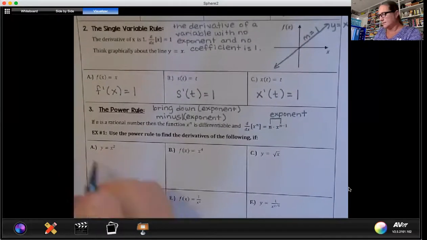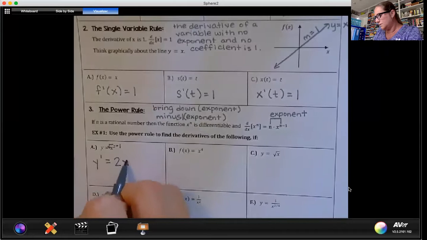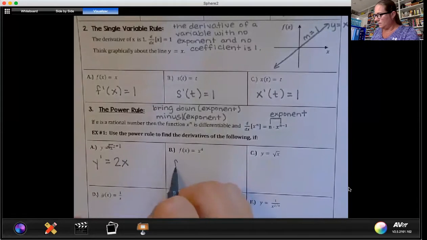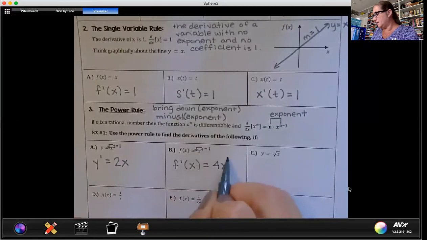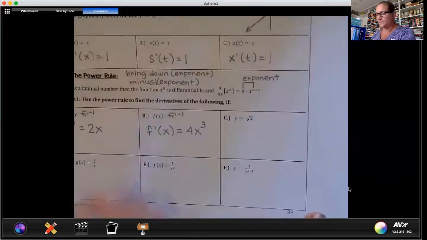So if y is x squared, y prime, bring down minus 1 is 2x to the 2 minus 1. 2x to the first power is just 2x. For part B, f prime of x, bring down minus 1 is 4x to the third. Now you think about if you were doing the limit definition of the derivative for each of these and how long that would take. It's definitely worth it to practice the derivative rules to make things faster.